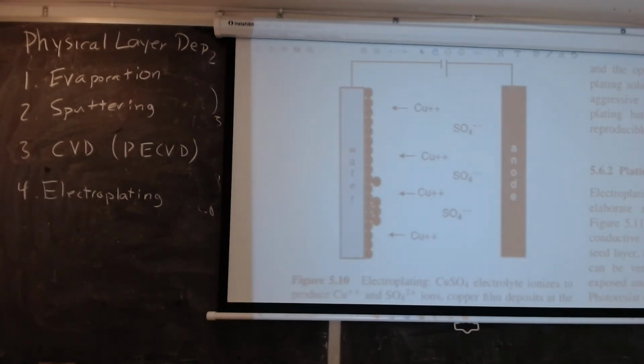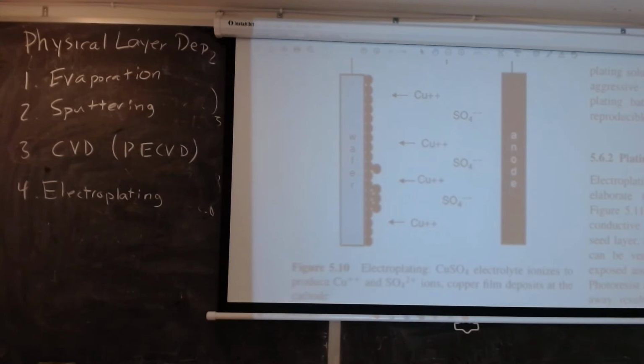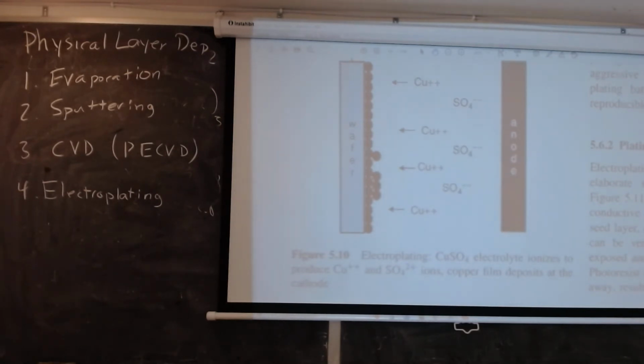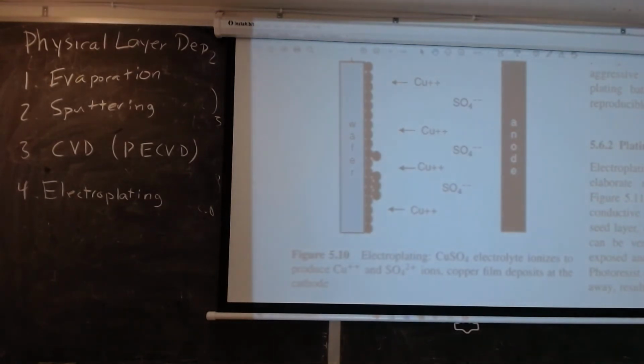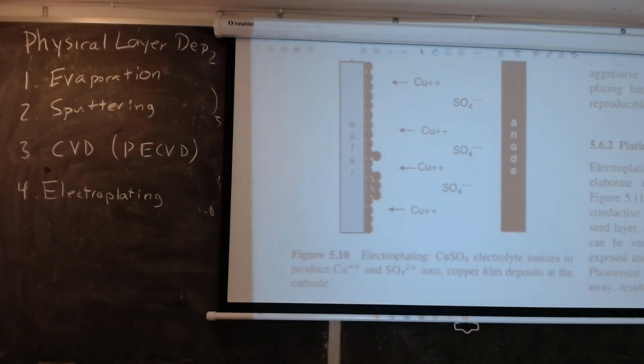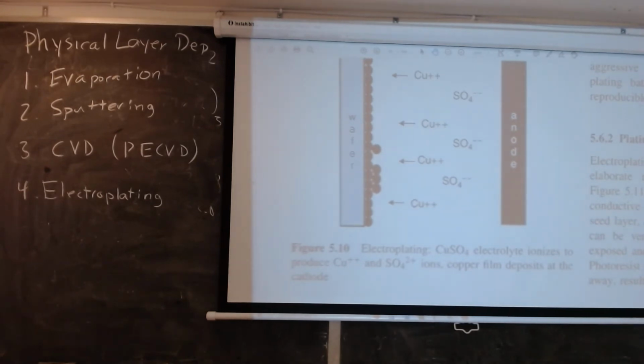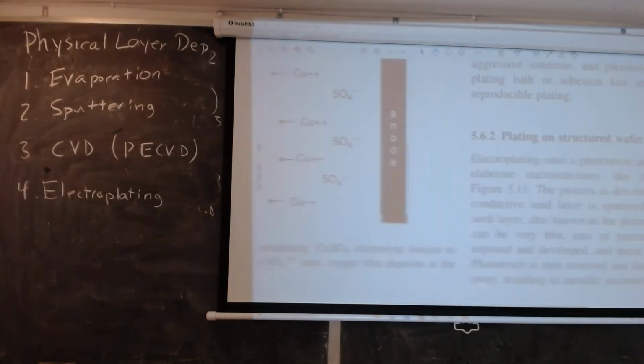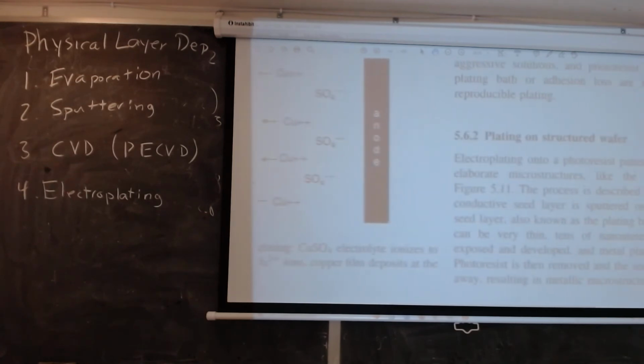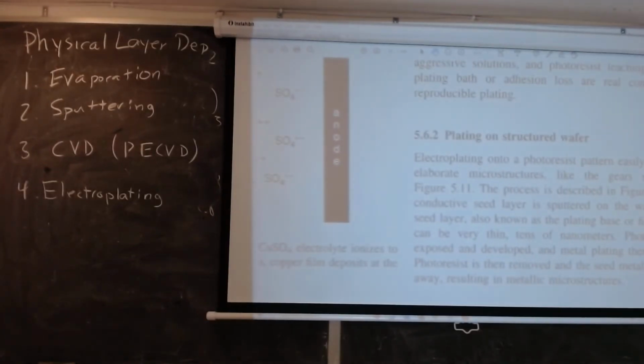And this, as the title sort of indicates, is primarily used for metal deposition, plating, and particularly it's a very useful way to produce a very fast, thick film. Meaning, it's something where you can deposit a 10 micron film in a few minutes, basically.